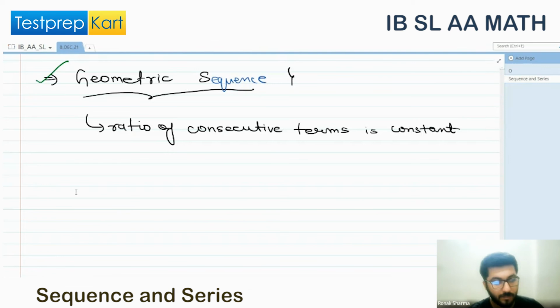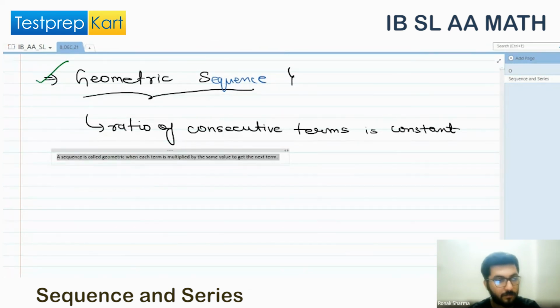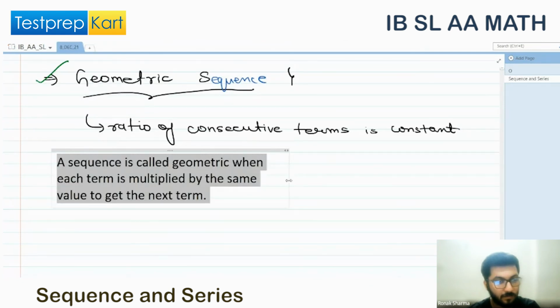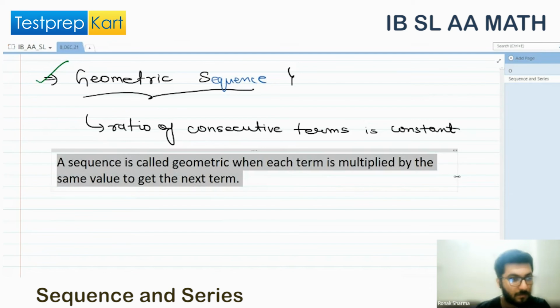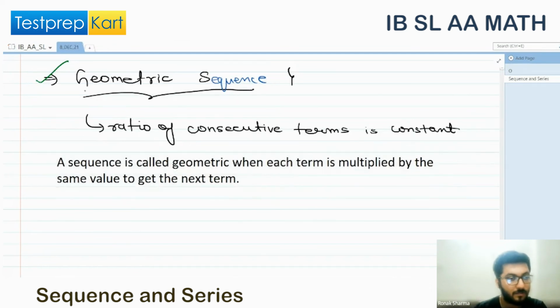If we go for the second definition, it will look like this. This is the first, this is the second. So basically, if I take A to be the first term, then each term is multiplied by the same value to get the next term.